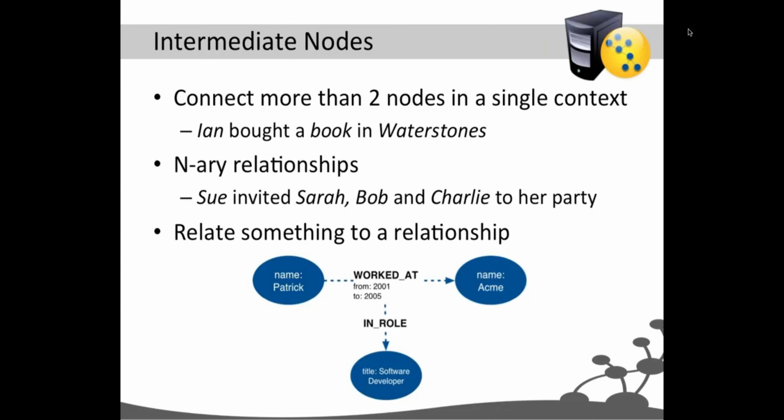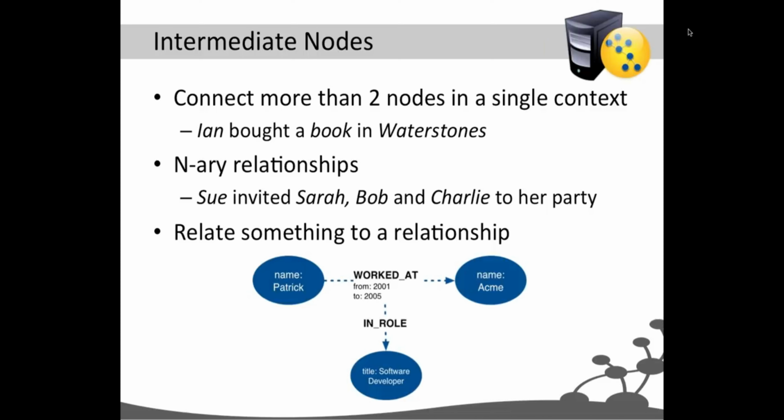The third reason, this is a bit subtle, but the third reason we often need to introduce an intermediate node is because somehow or another we want to further qualify a relationship. We want to attach something to a relationship itself. So, in the diagram at the bottom of the screen here: Patrick worked at Acme in the role of software developer. Somehow or another we want to qualify this worked-at relationship by describing the role that Patrick was playing when he worked at Acme.